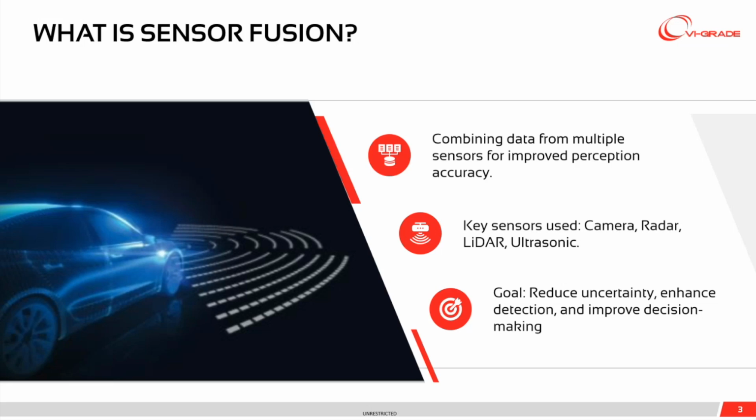So it's the combination of using camera, radar, LiDAR, and ultrasonics to basically reduce the uncertainty, enhance the detection and improve the decision-making process of your detection algorithms. So it's the blending of multiple sensors, getting the opinion of each sensor into one combined algorithm that says, yes, that is a car in front of me. Yes, that is a road sign and it's a stop sign. So that's really the problem we're trying to solve with sensor fusion.